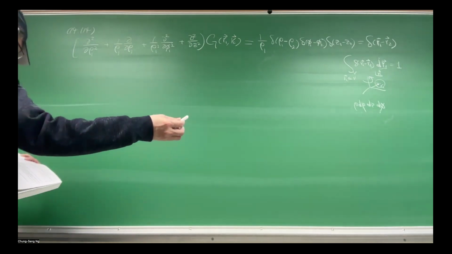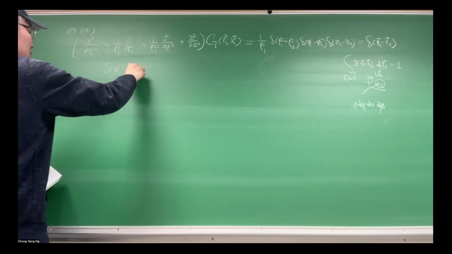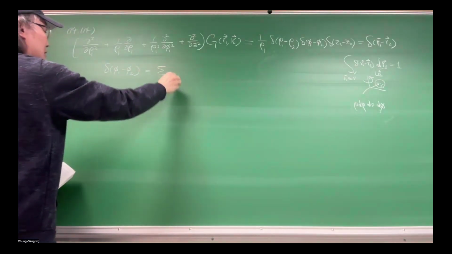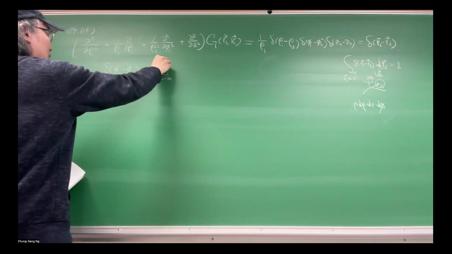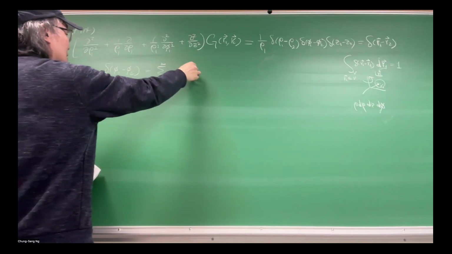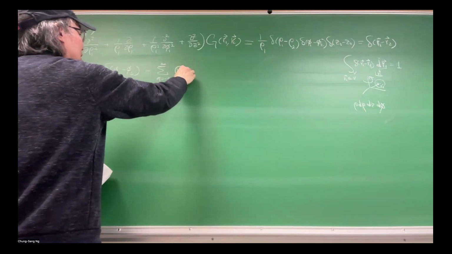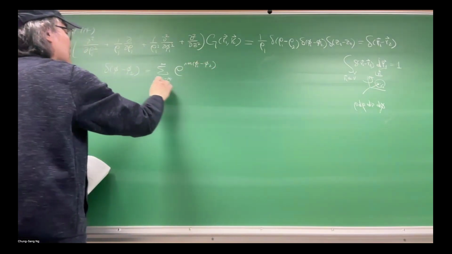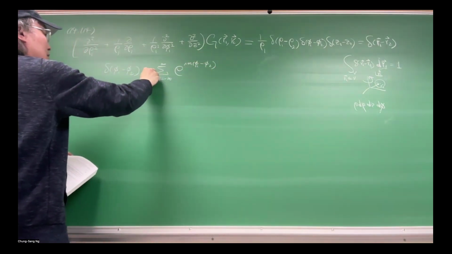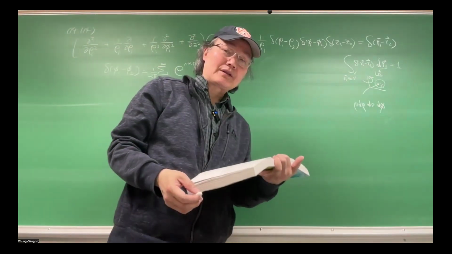So the delta of phi 1 minus phi 2 should be the sum over all integers, usually taking positive and negative integers, of e to the i m (phi 1 minus phi 2), normalized with 1 over 2 pi. That's the completeness.